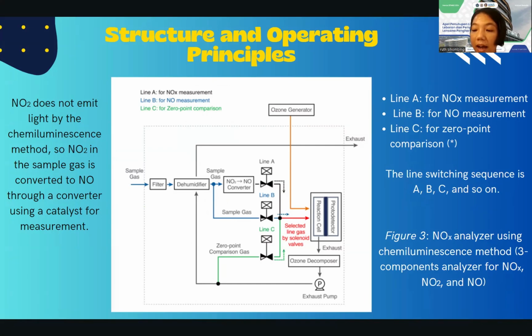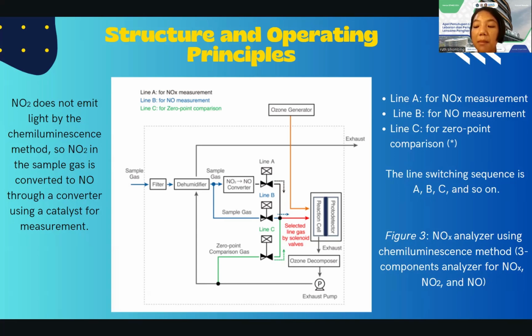We can see that line A is for NOx measurement, line B for NO measurement, and line C for 0-point comparison. The line switching sequence is A, B, C, and so on. The figure shows the NOx analyzer using the chemiluminescence method, a component analyzer for NOx, NO2, and NO.